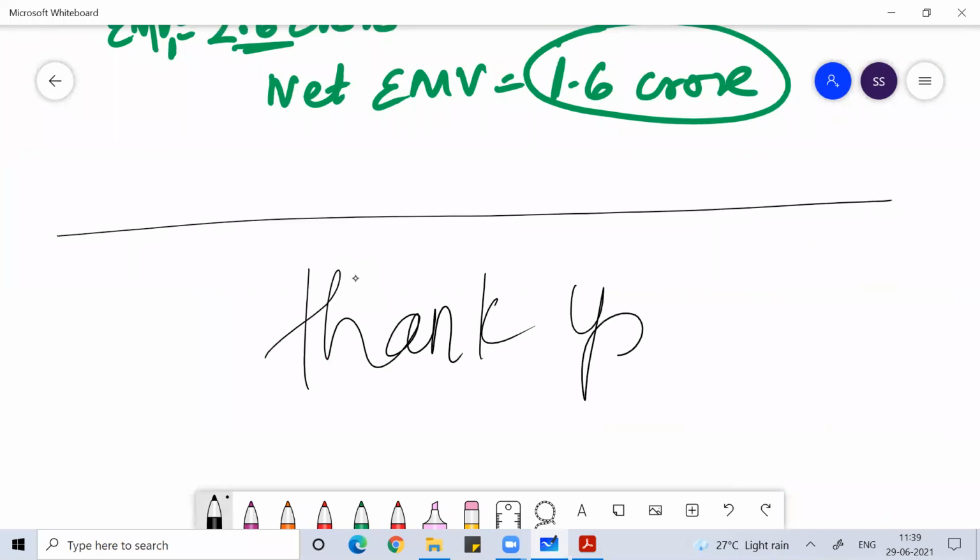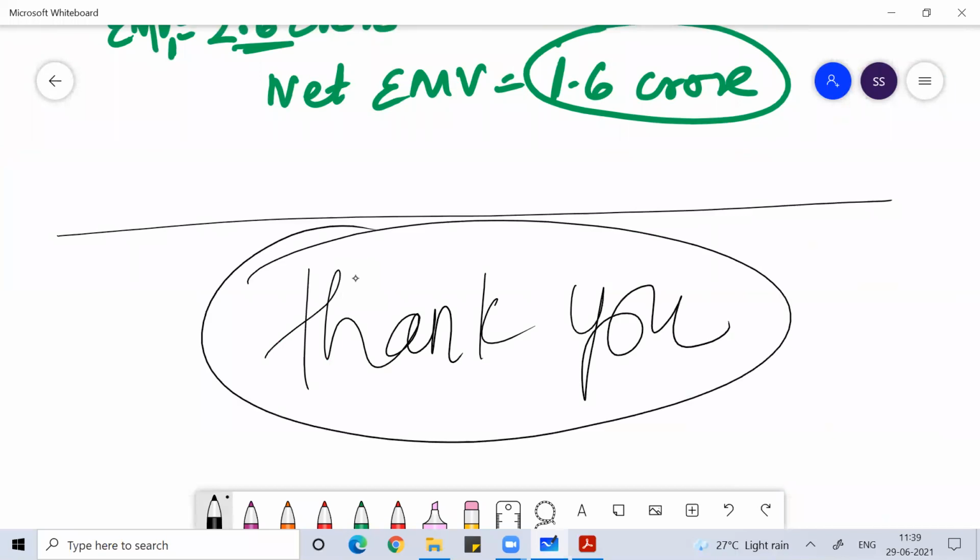The better option for you would be to go with subcontract. If you do construction yourself, then you are generating an economic value of 1.5 crore, while if you go with subcontract, you get an economic value of 1.6 crore. So definitely getting an economic value of 1.6 crore is better than getting 1.5 crore. So you should go with the option of subcontract.